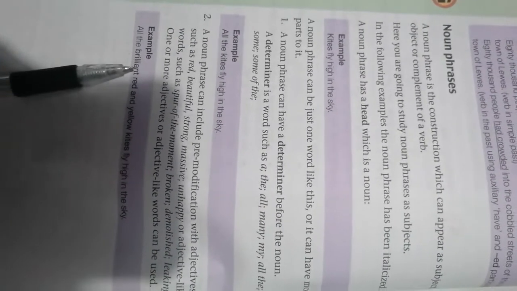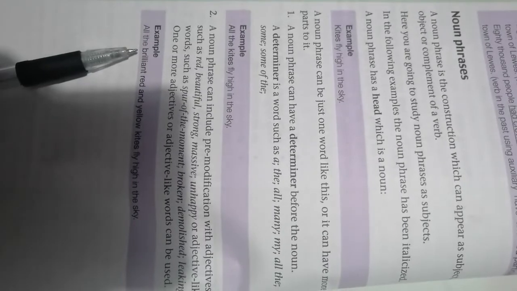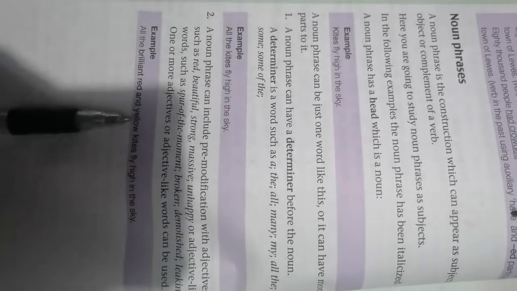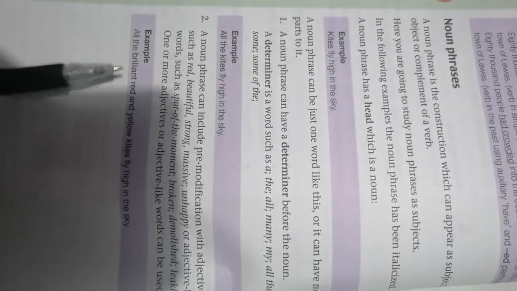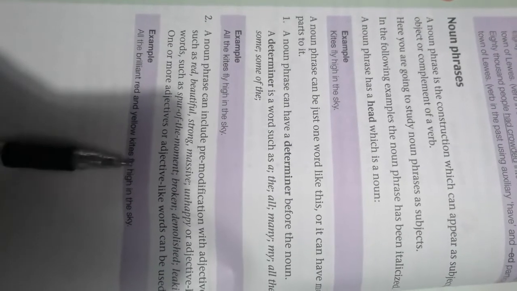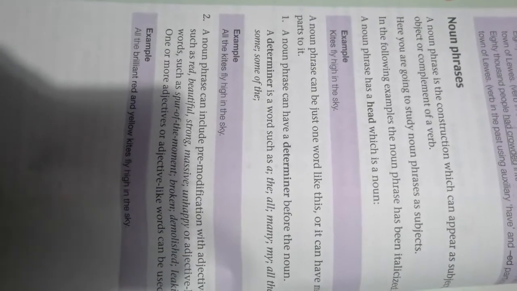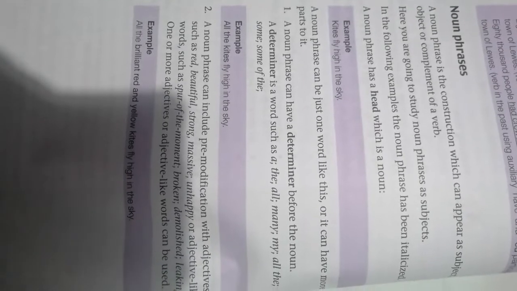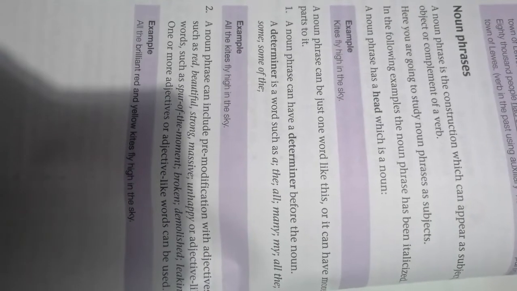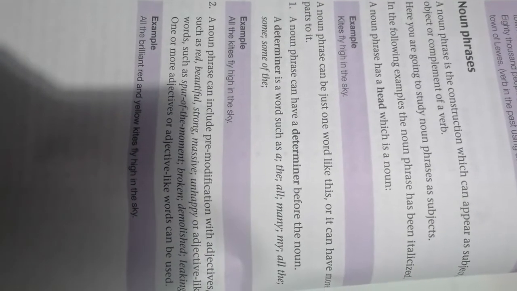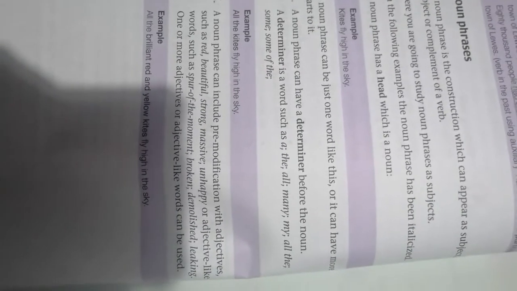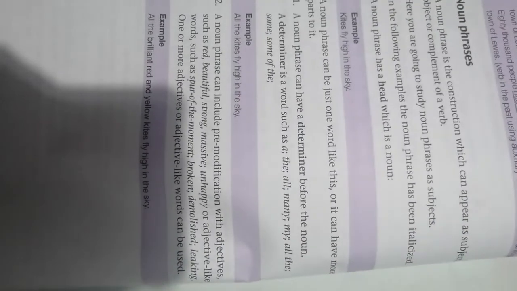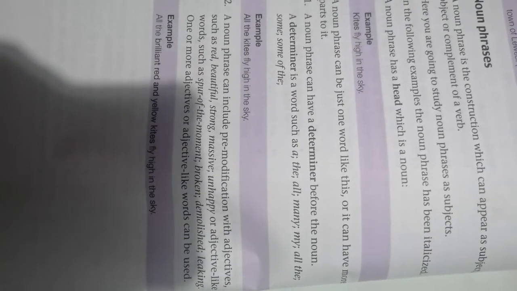So here the pre-modification with the adjective is brilliant red. All the brilliant red and yellow kites fly high in the sky. So a noun phrase can include pre-modification with adjectives, for example red, beautiful, strong, massive, unhappy, or adjective-like words such as spur of the moment, broken, demolished, leaking.